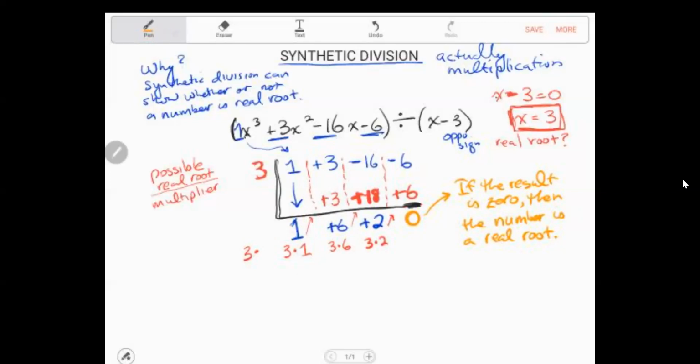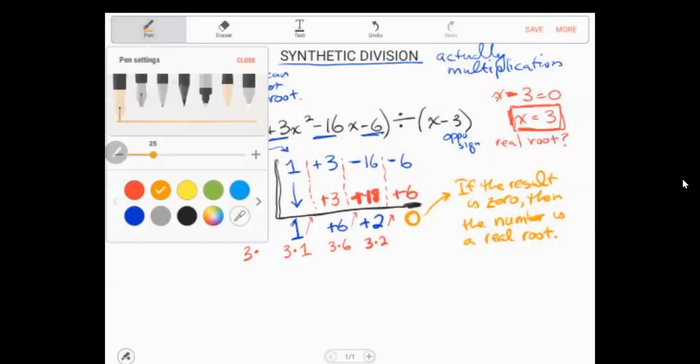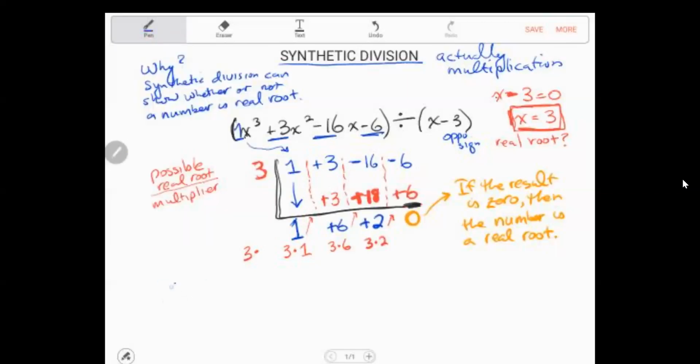All right. And we want to know what are the factors that we made here. All right. Okay, so the first factor is going to be x minus 3, right? Because that's what we started with. And then we divided, all right, and we got these numbers. We got a 1 and a +6 and a +2. All right. Well, we know that if it's a factor, there have to be some x's in there. All right.